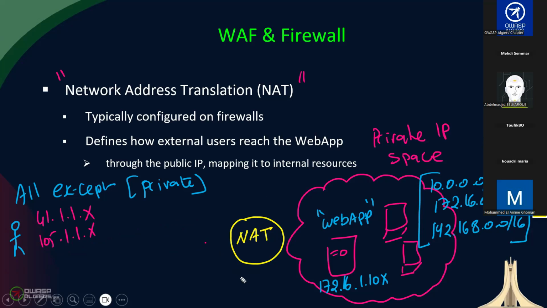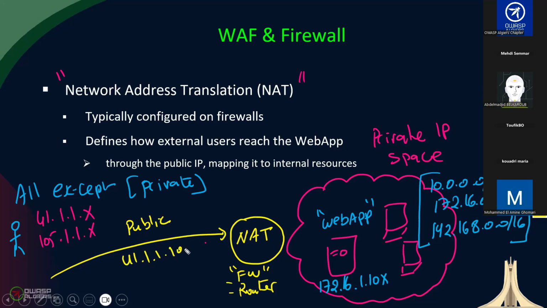Most of the time, this is a firewall. It can be also a router, but most of the time, you find firewalls providing NAT capabilities. Now, what is the goal? People are accessing your web applications using public IPs, like 41.1.1.100. When the NAT device intercepts that, it can remove the IP and replace it with a private one.